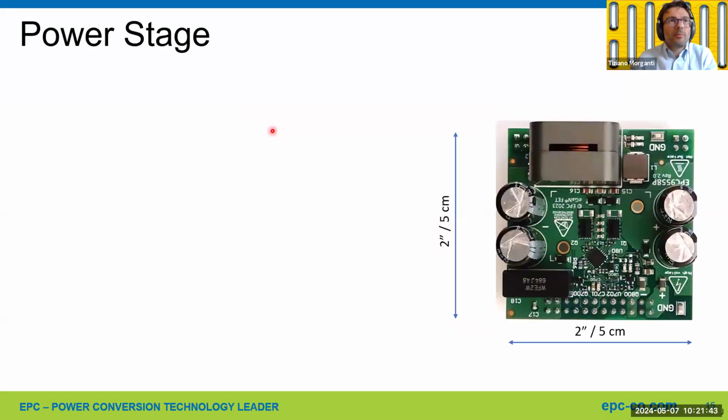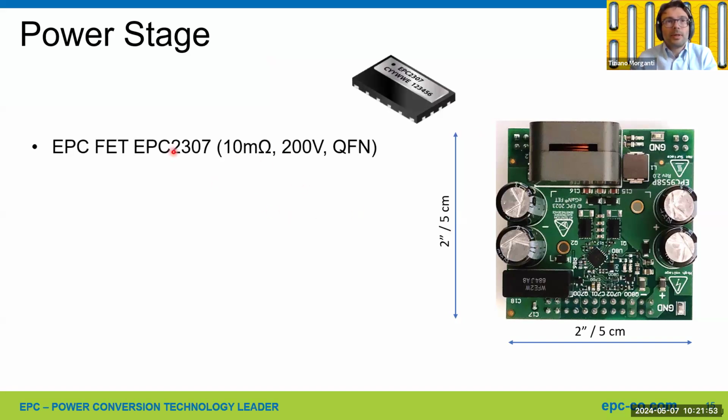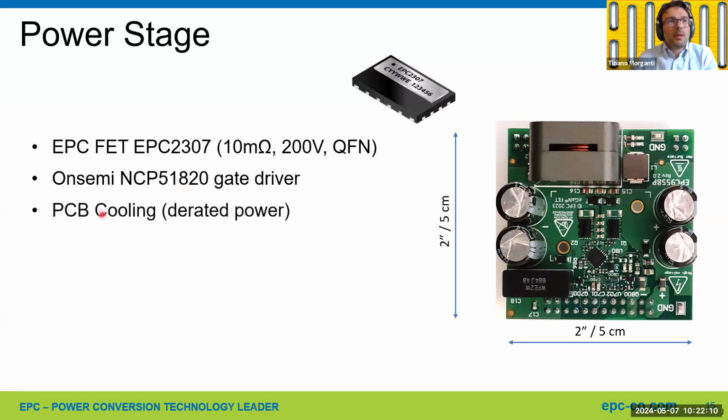So let's talk about the power stage. This power stage is about 5 centimeters by 5 centimeters. It is based on the QFN EPC FET EPC2307, which is 10 milliohm max, 200 volt. The gate driver is an onsemi NCP51820.